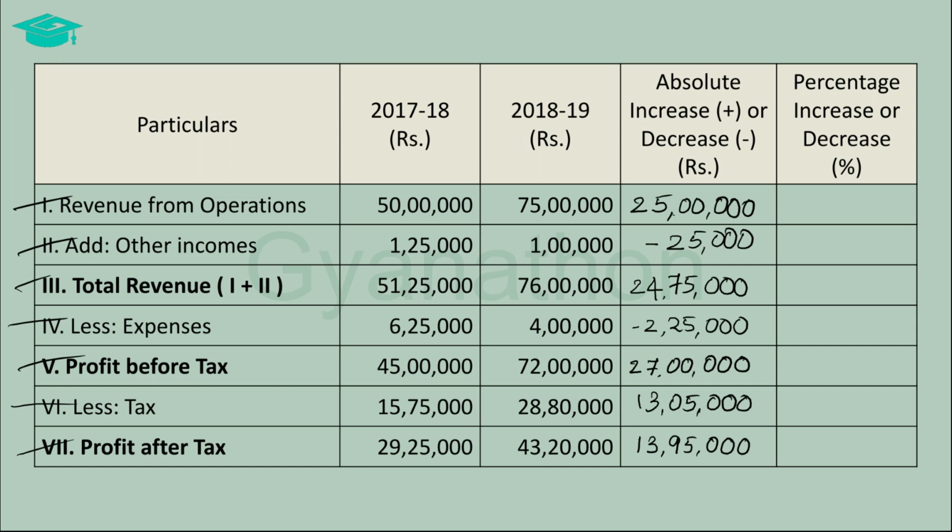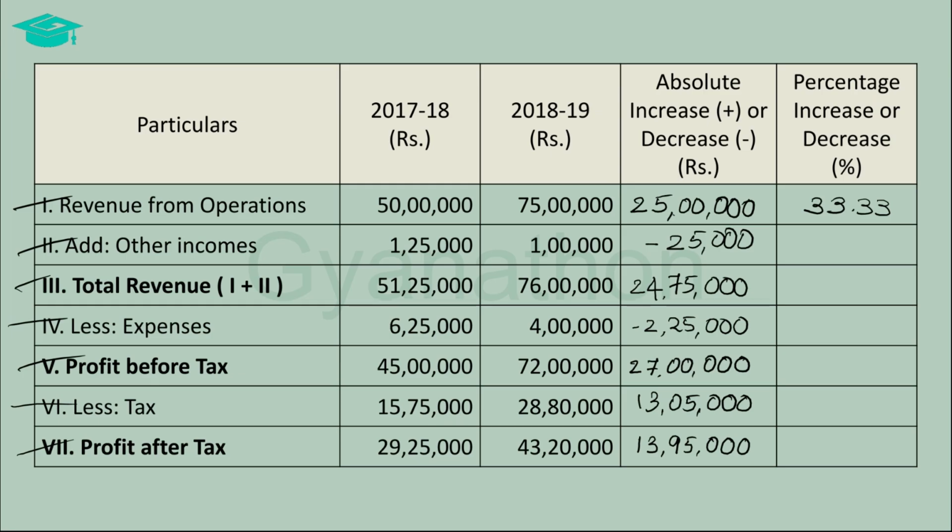The percentage change in the revenue from operations is 25 lakhs divided by 75 lakhs multiplied by 100, that is 33.33%. This means that the revenue from operations from the year 2017-18 to the year 2018-19 has increased by 33.33%.